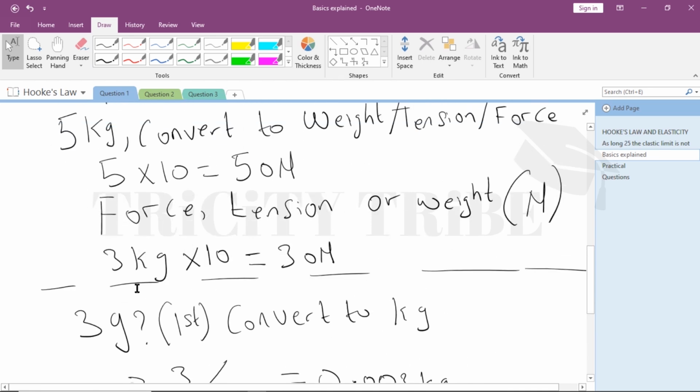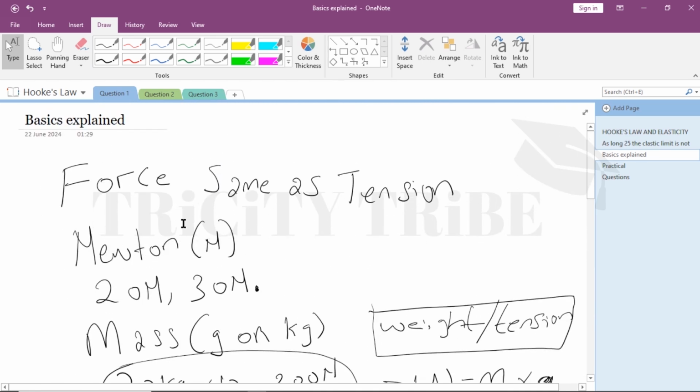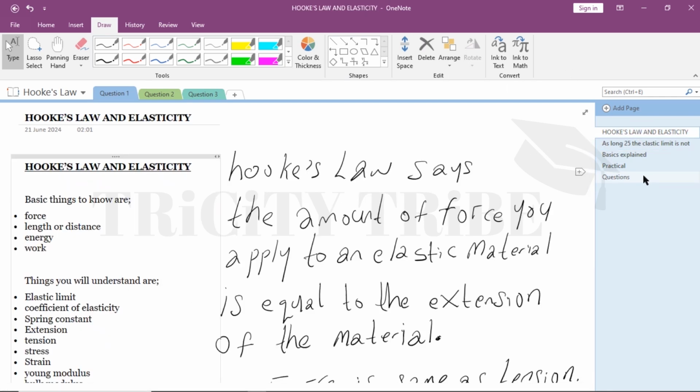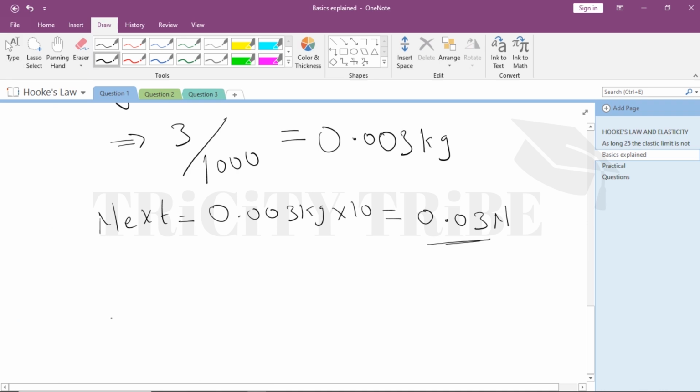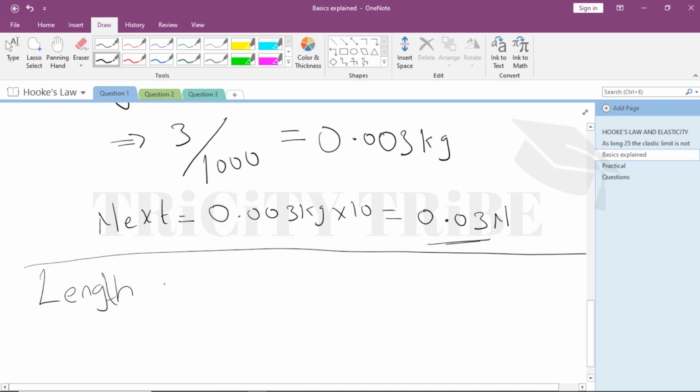The next one now is, we spoke about force, right? Force. We have length or distance.